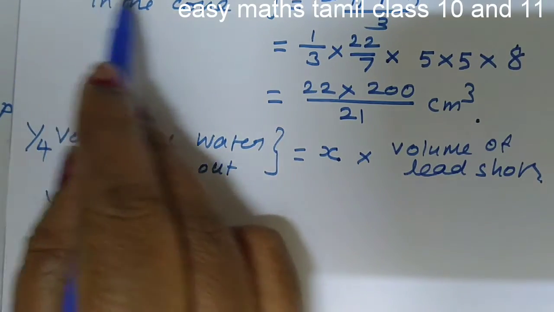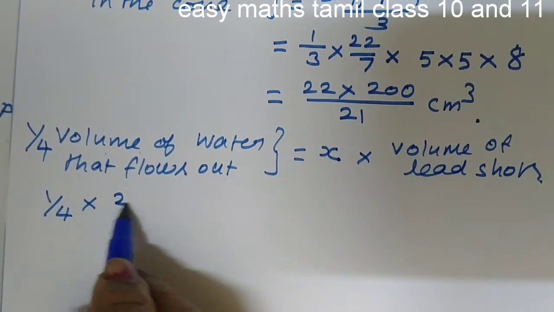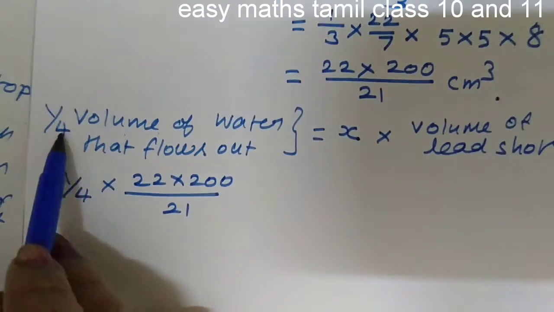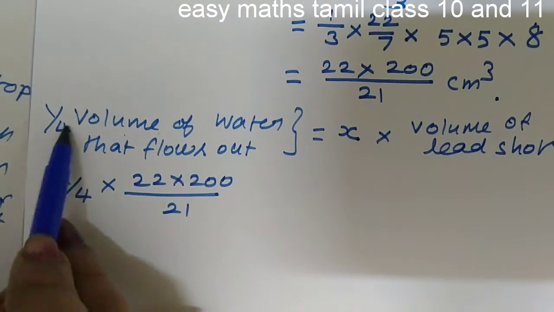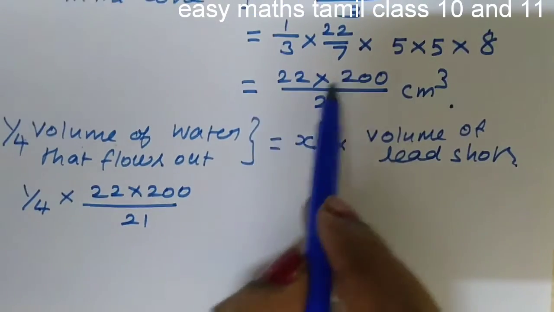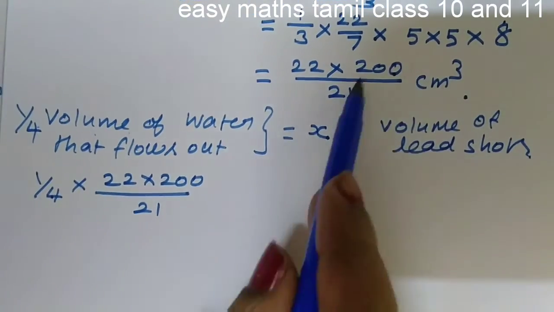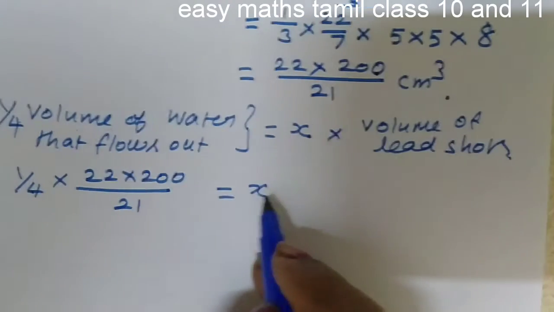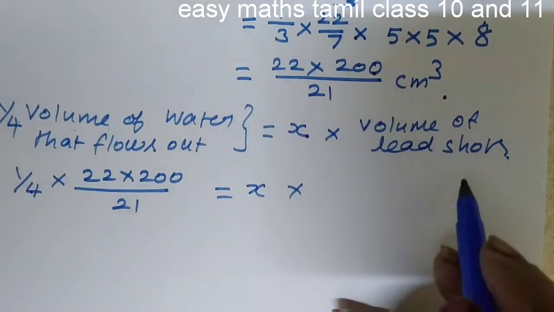Here we have already calculated the volume of water, so 22 into 200 divided by 21. 1/4 of the volume of water already calculated, let us write that value here, equal to x, the number of lead shards into the volume of the lead shards.